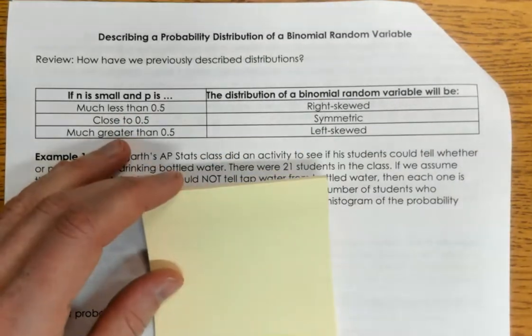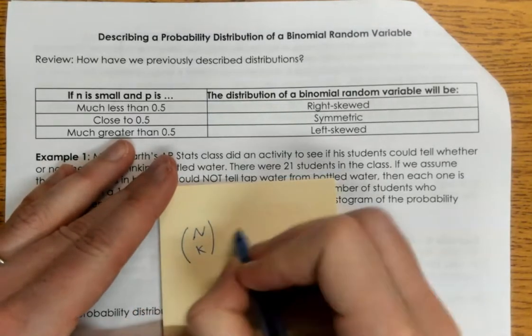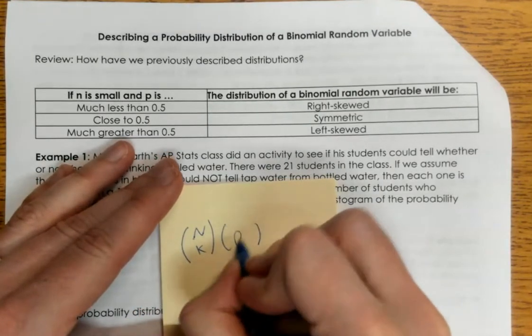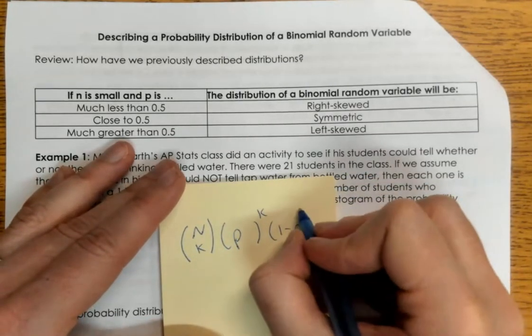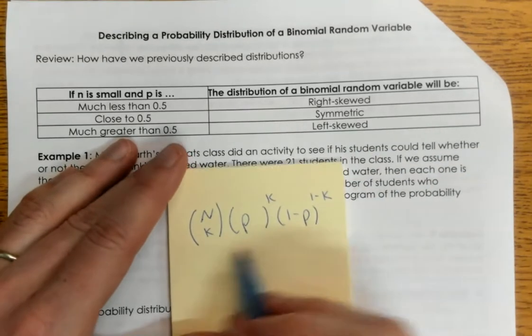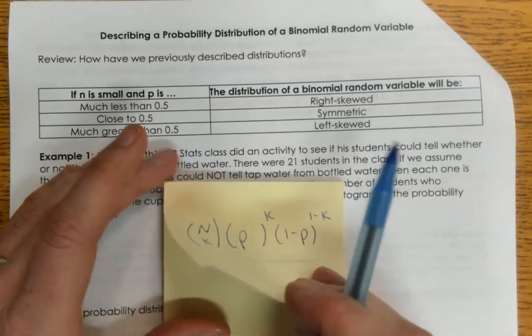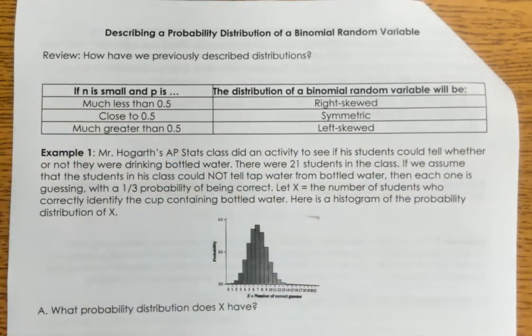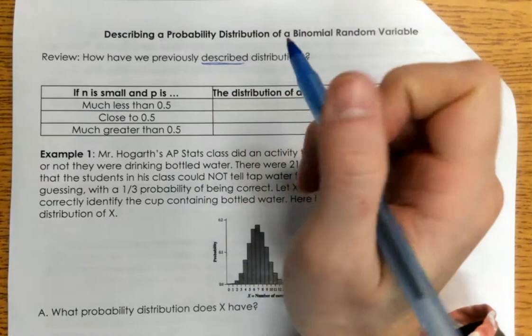We also went through and did the probability formula for binomial distributions. This is the formula that we went through to calculate the probability of something. All right, now we're going to put that all together with describing a probability distribution of a binomial random variable. All right, how have we previously described distributions? Remember that word describe means something specific in statistics.